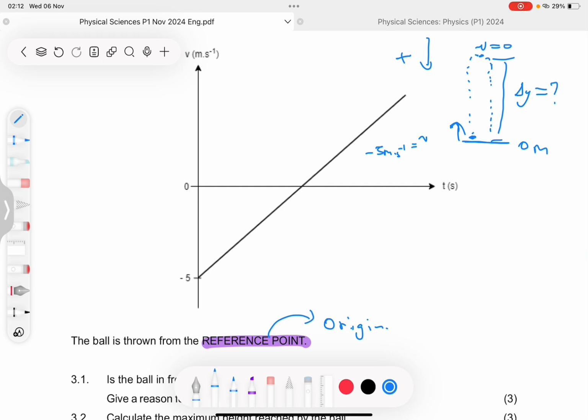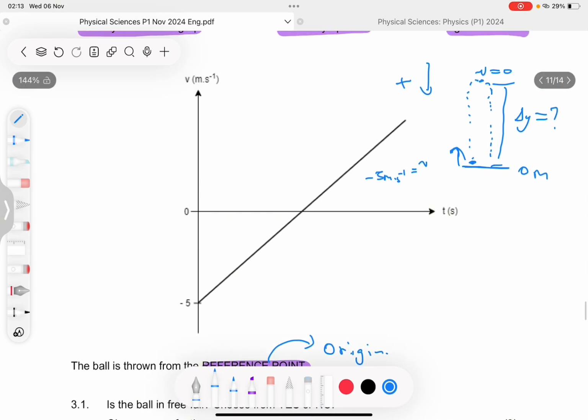Remember always that to use equations of motion, you need at least 3 physical quantities in our equations to be able to choose any one of those equations to solve the problem. Already I can see that I have an initial velocity, I have the final velocity here, and also always, even if they don't tell us, we know that we have g given by 9.8 meters per second squared.